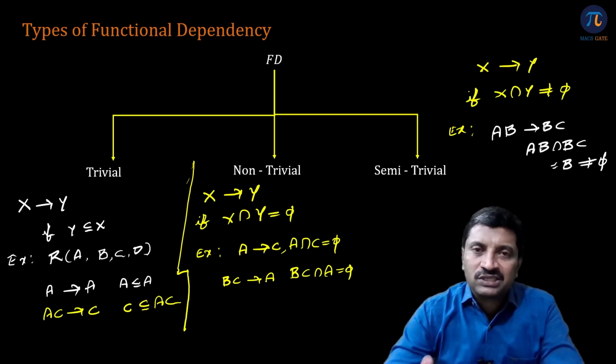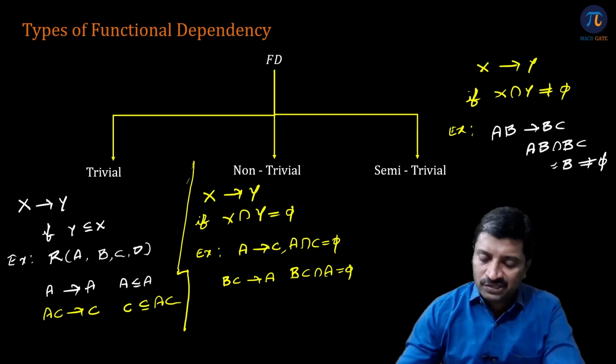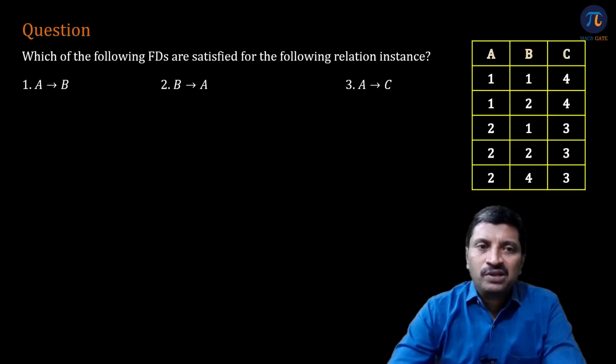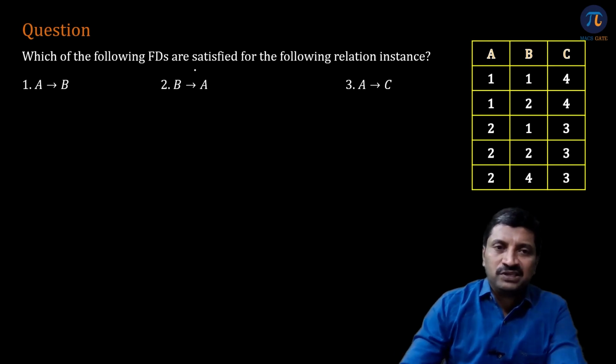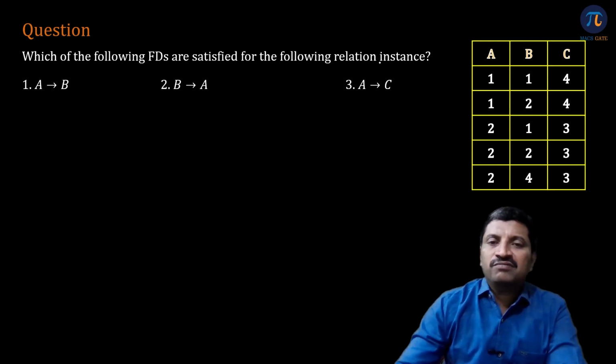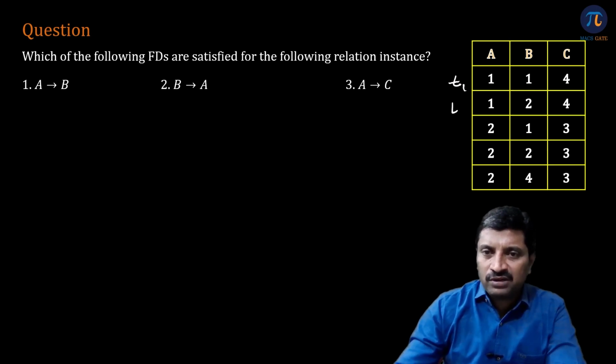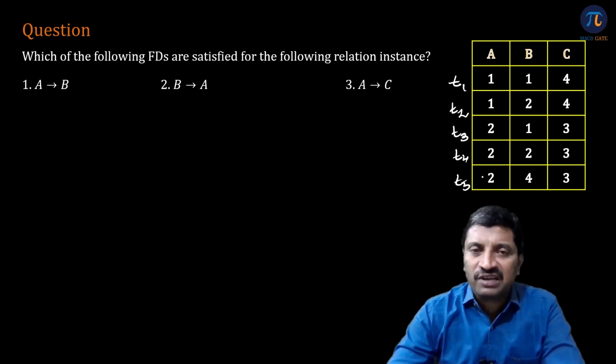Now let us discuss some more examples on functional dependencies. The first one: which of the following functional dependencies are satisfied for the following relation instance? Let us give the names, sir: T1, T2, T3, T4, T5. So we have a relation instance with 5 records.